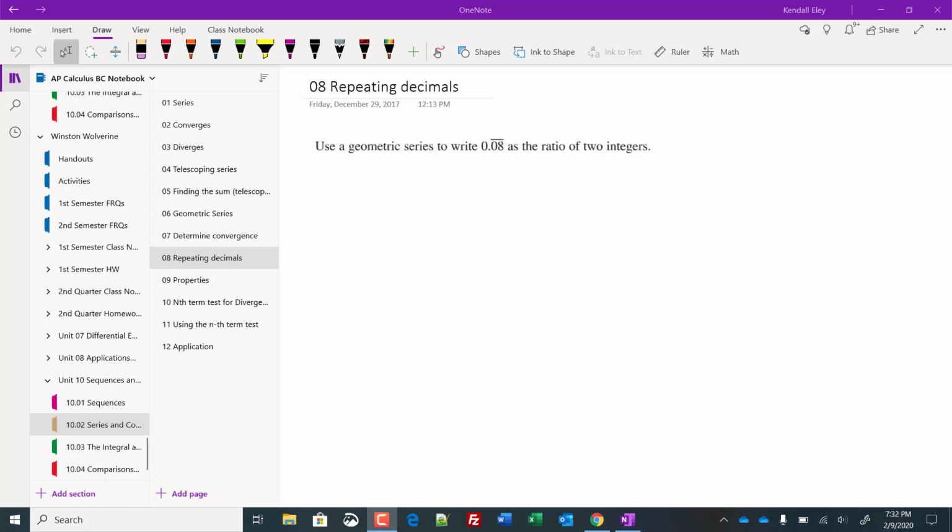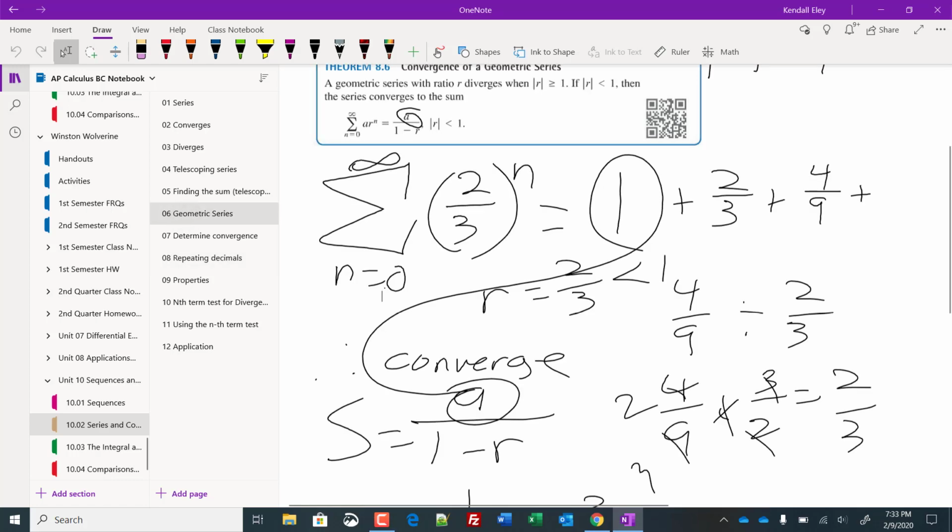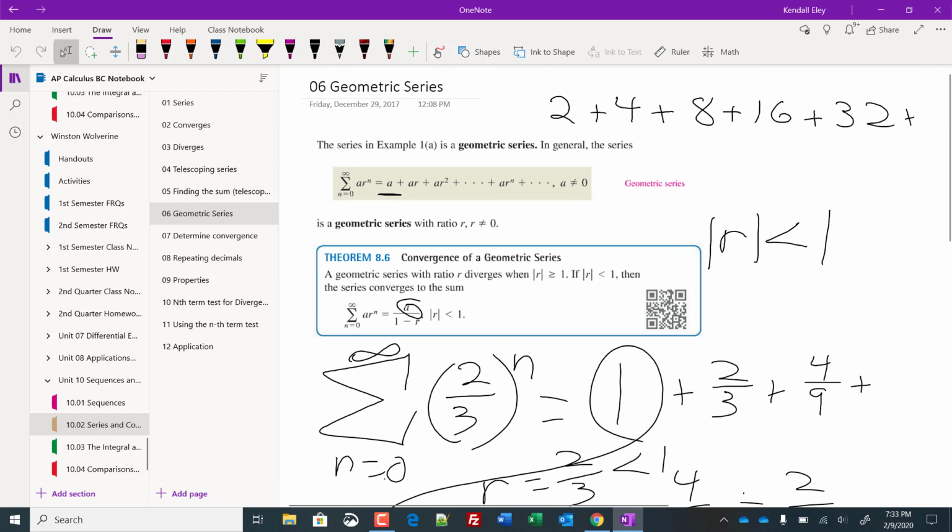The first we talked about was geometric series, and a geometric series is one that has a common ratio. You've seen that before, where each term is created by multiplying the previous term by a specific number. And we discovered that if the common ratio is less than 1 in absolute value, then it does converge, and we can find the sum to be the first term over 1 minus that common ratio.